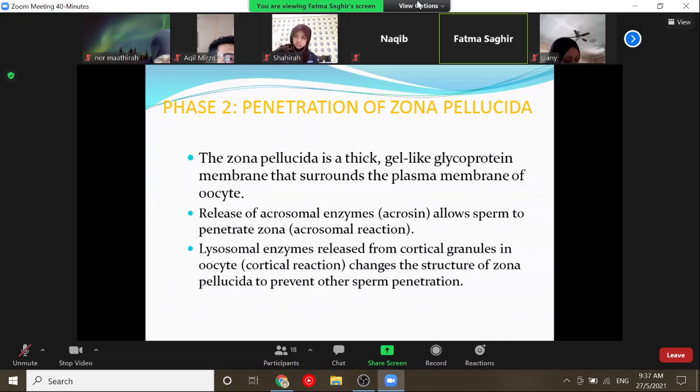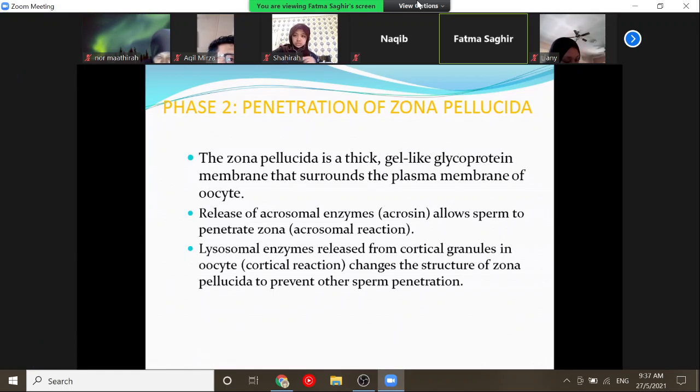You remember we said shut off all other sites or other receptors. So once one sperm binds with the receptor, the binding will cause a reaction that makes the whole zona pellucida unable to bind with other sperm.